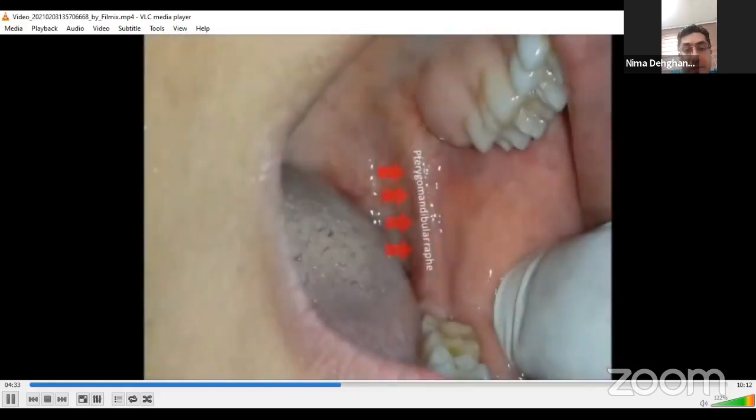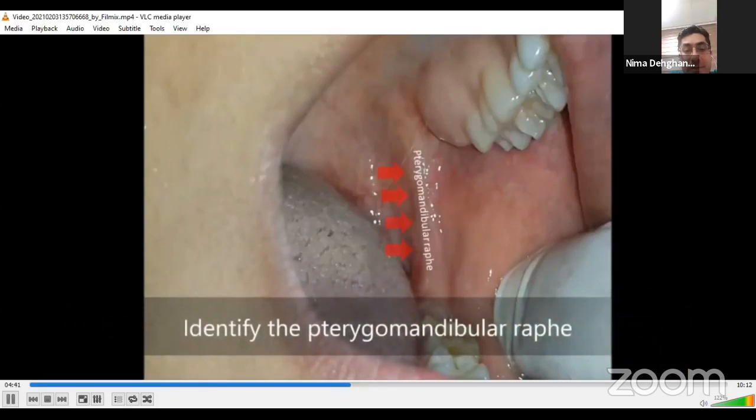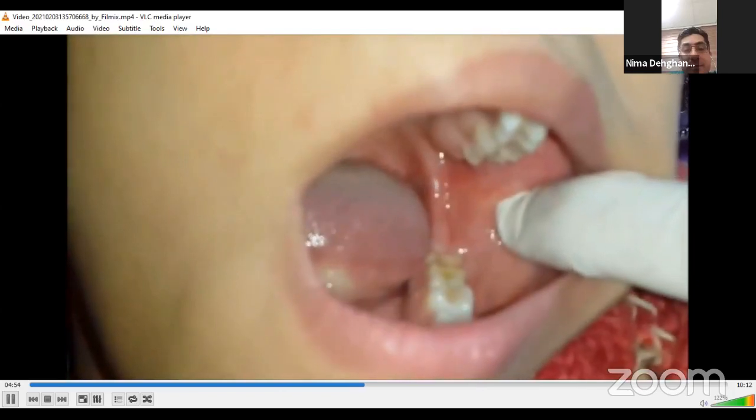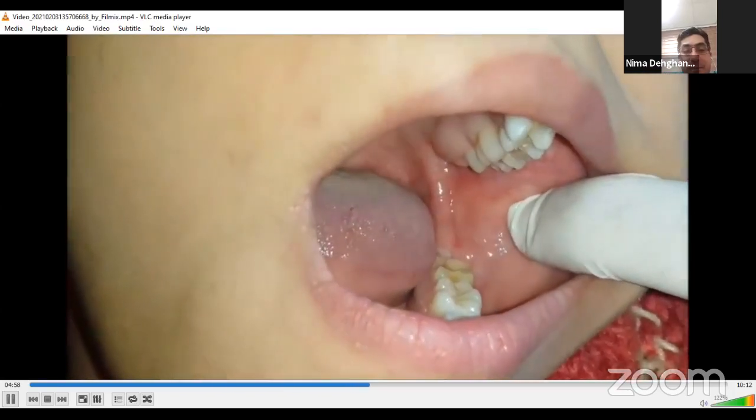The next step is to identify the pterygomandibular raphe. It extends from the posterior of the tuberosity to the anterior border of the ramus. Just lateral to the pterygomandibular raphe, there is a depression called the pterygomandibular depression.